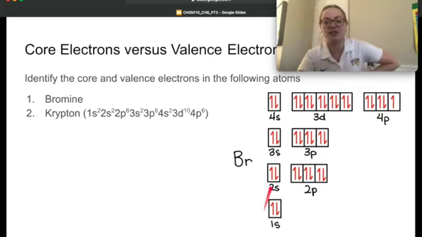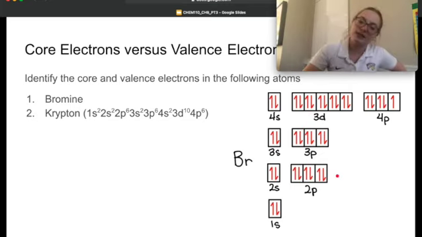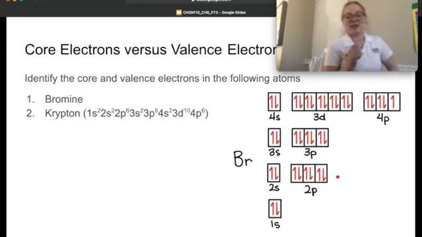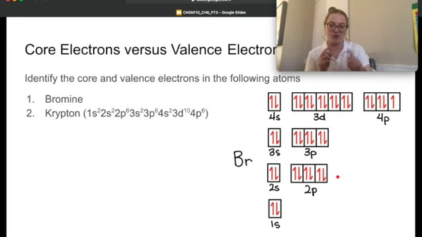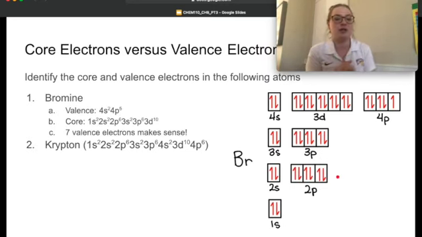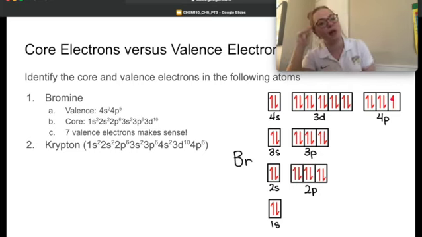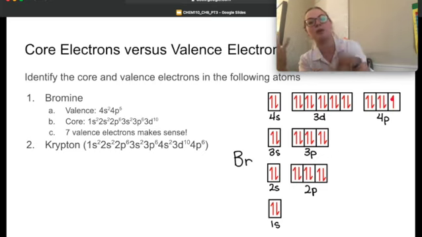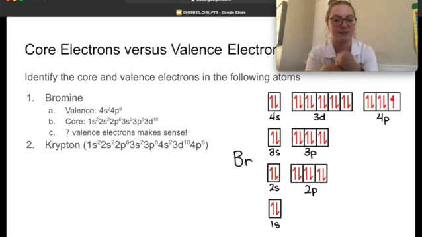And everything else is core electrons. That's 1s2, 2s2, 2p6, 3s2, 3p6, 3d10. Those are the core electrons, which you can see written out here. So we have 7 valence electrons, which makes sense: 1, 2, 3, 4, 5, 6, 7. If I asked you how many valence electrons there were, you could tell me there were 7 valence electrons.